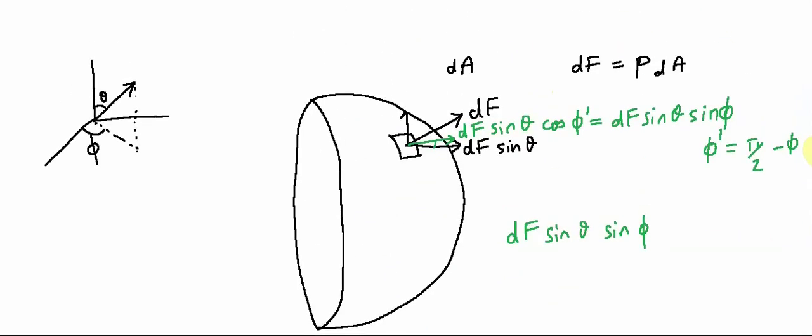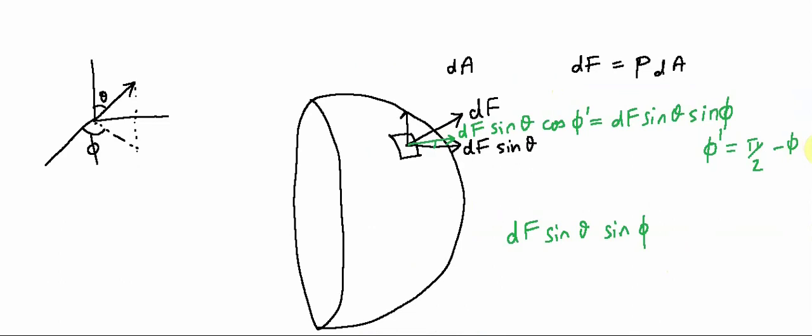So these two arrows will cancel. So the components are cancelling except this component, which is purely towards the right. That is to say, this green arrow which I have drawn over here is the only component that survives. All other components cancel each other.